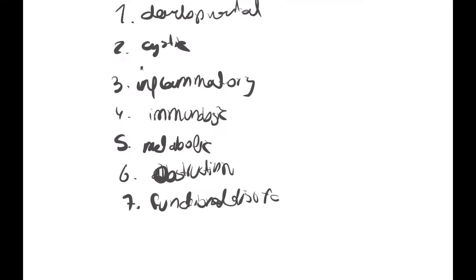So these are the classifications of salivary gland diseases.